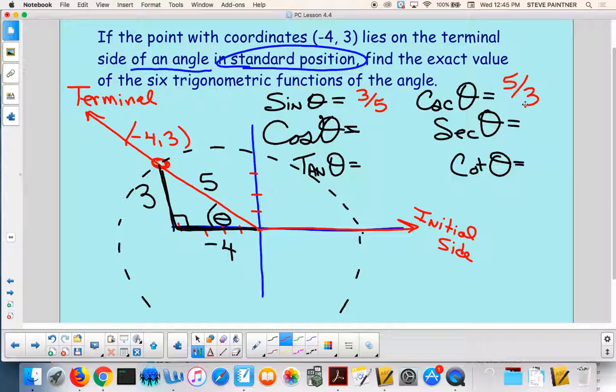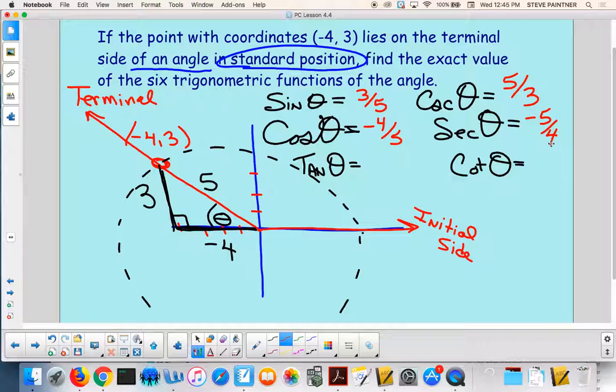So the sign in front of your answer for sine will be the same sign for cosecant. So cosine of theta, Hunter, is what? Maddie? Negative 4/5, good. And negative 5/4, good.